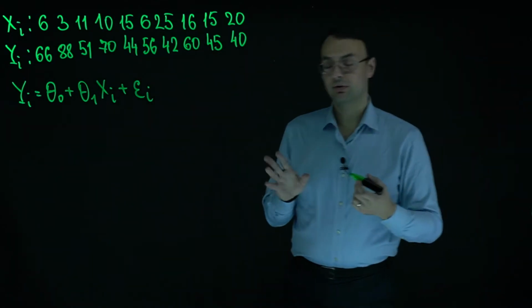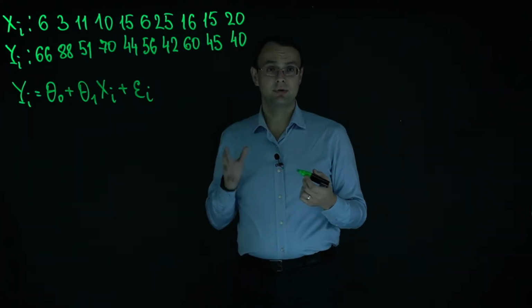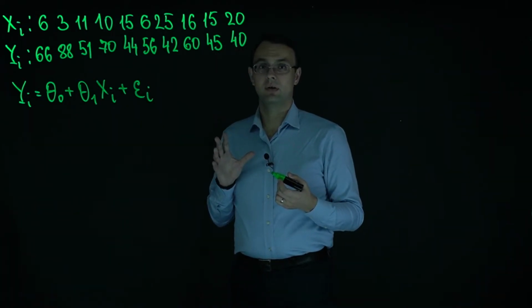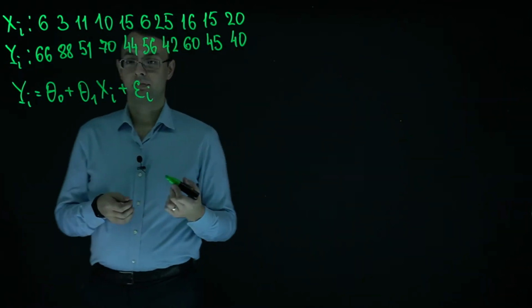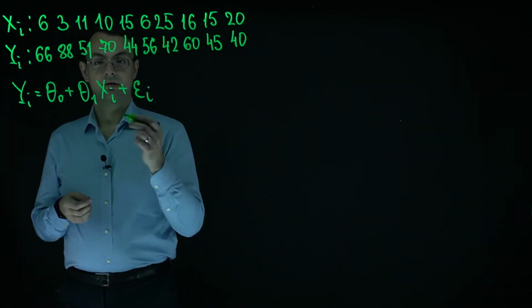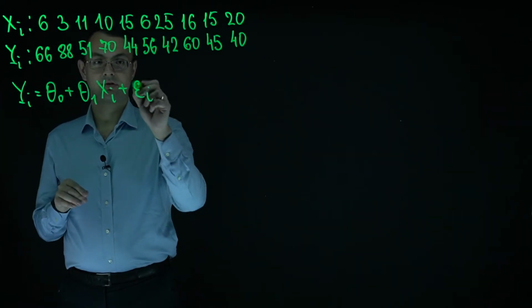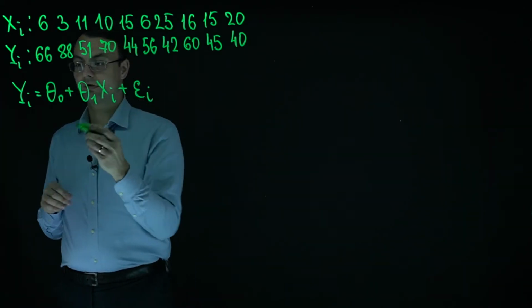To use the OLS, we should assume that our observations are normally distributed. It's more accurate to say not the observations, but the random errors.